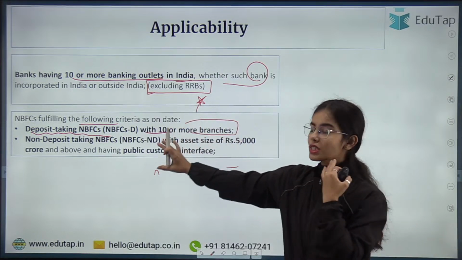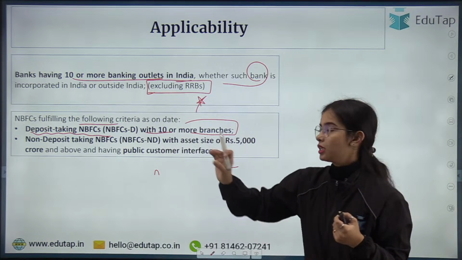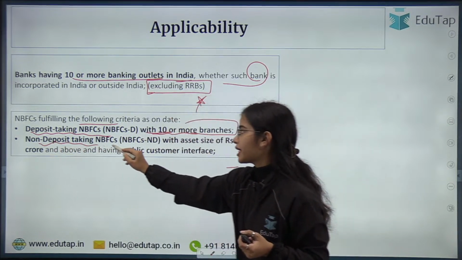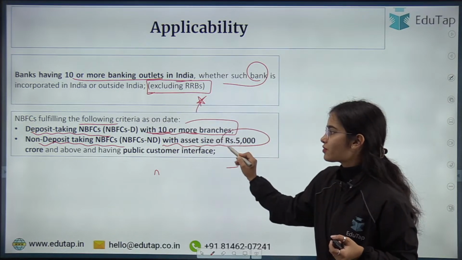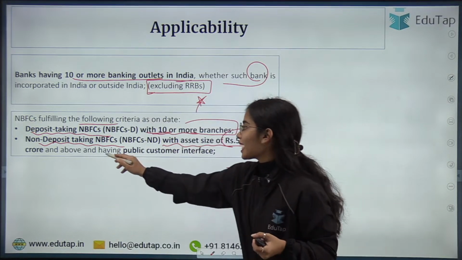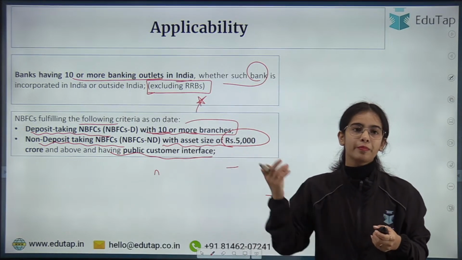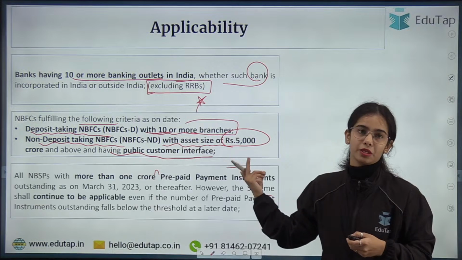So only those NBFCs that are taking deposits and have 10 or more branches, and non-deposit taking NBFCs with an asset size of rupees 5,000 crore and above, that have a public customer interface, that are connected with the public in any manner through this public customer interface.